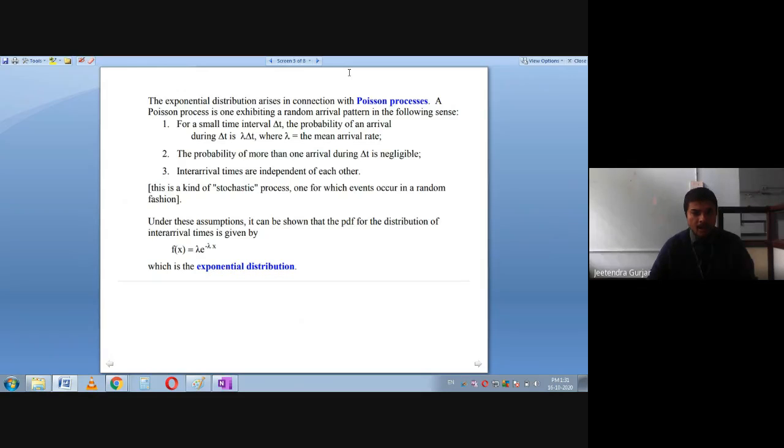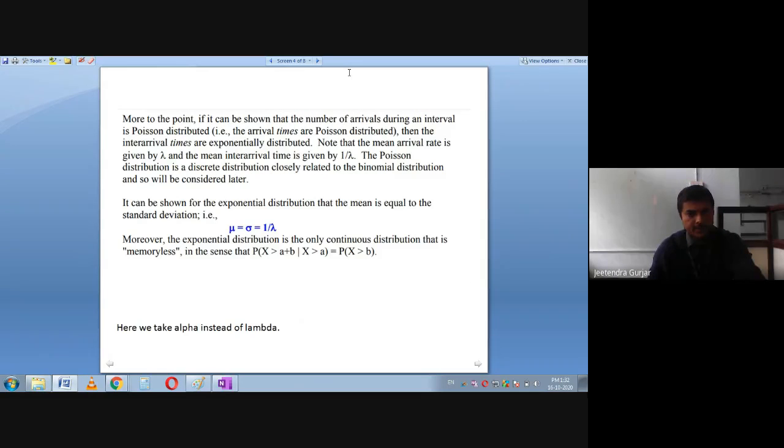Okay, students. Under these assumptions, it can be shown that the probability density function, that is the PDF, for the distribution of inter-arrival time is given by f of x is equal to lambda into e raised to minus lambda x, which is the exponential distribution, students. More to the point, it can be shown that if the number of arrivals during an interval is Poisson distributed, then the inter-arrival times are exponentially distributed.